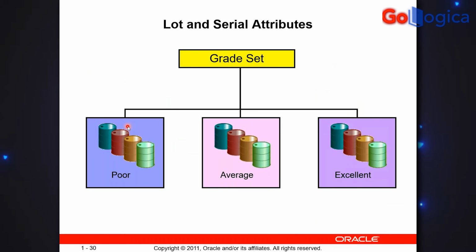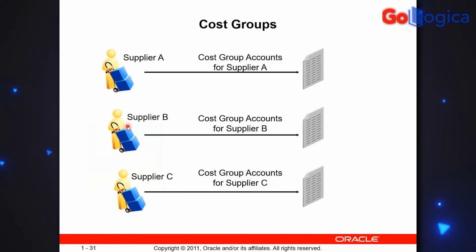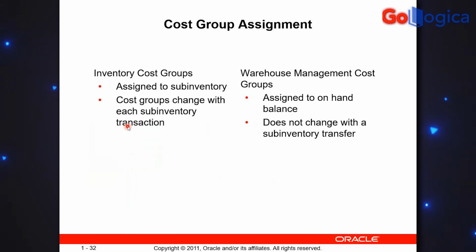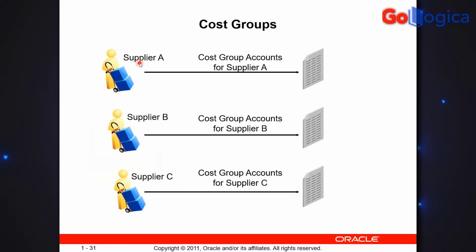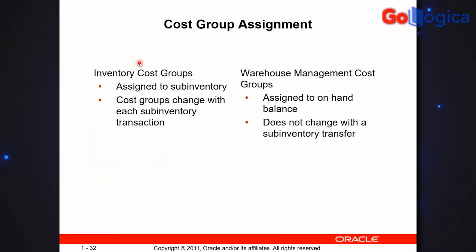Coming to lot and serial attributes, we have already discussed the grade set and all. This is the basic of how you define the lot and serial. I think we can skip to cost groups now.